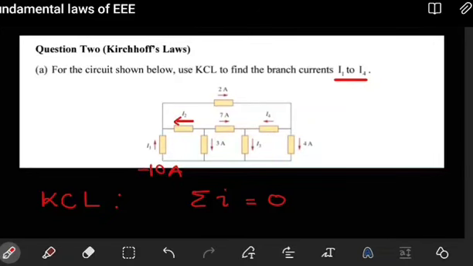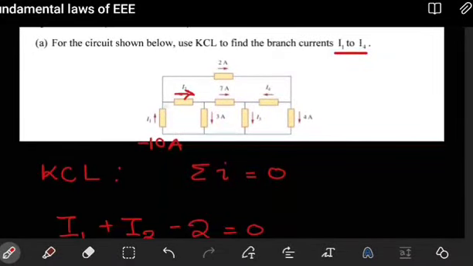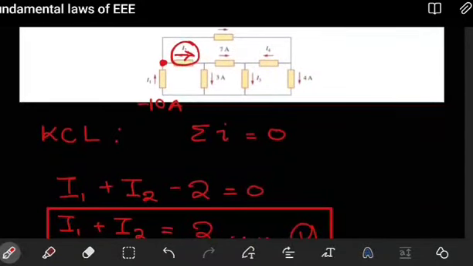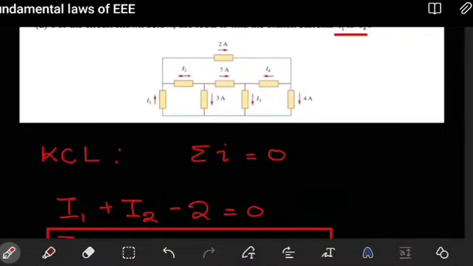But should you decide that you want to use the positive value and take the direction to be that way, it will now mean that for this node you have to rewrite the expression, so that you take I2 to be leaving. That is the only way you'll be able to use 10 amps as a positive value. Otherwise, as I pointed out, you don't have to change that. You can keep the direction of I2 this way, but you just have to use negative 10 amps.